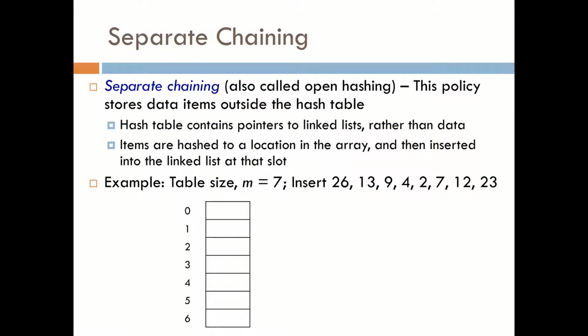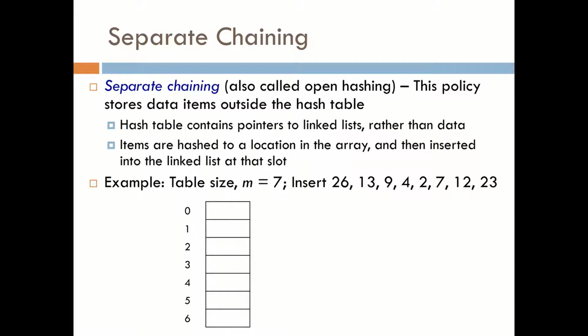And so the items are hashed to a specific location, pretty much by the various methods that we've seen thus far. And then they're inserted into the linked list at that location. So in other words, if I'm looking at this table, there are 7 linked lists here. And when I go through the example, this will make more sense.